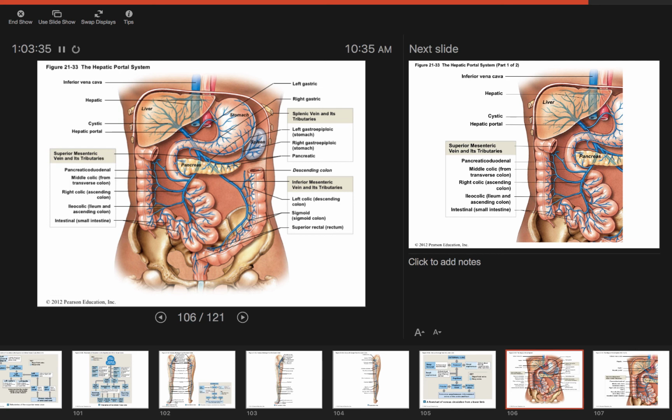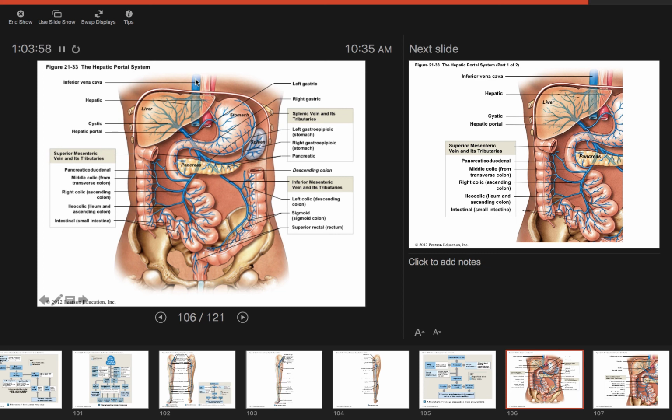If the liver says, I'm not going to store that as glycogen, instead I want to put it out into general circulation, it'll have this hepatic vein right here deliver it to the inferior vena cava. So it will go to the heart, to the lungs, and then to the body.